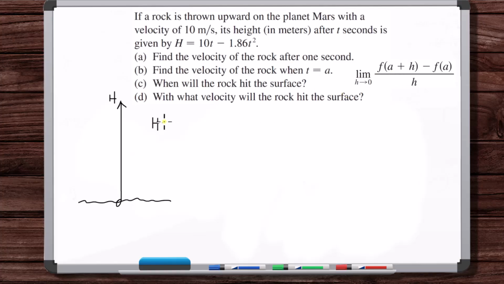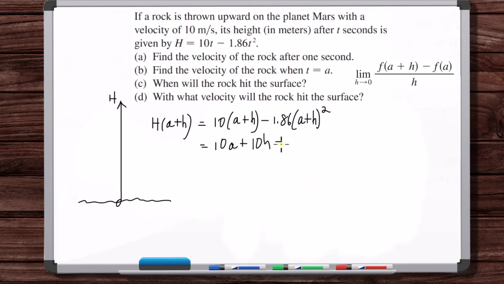That's h of a plus h, which is 10 times a plus h minus 1.86 times a plus h squared. So 10a plus 10h, minus 1.86 times a squared plus 2ah plus h squared.